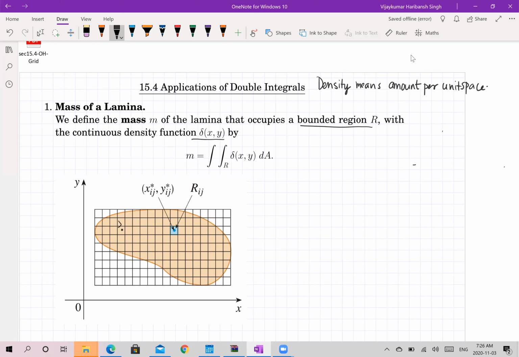A lamina can be thought of as a thin sheet of metal, a very thin sheet. The density at every point is different. So say this point is (x,y); the density at this point is given by delta(x,y).